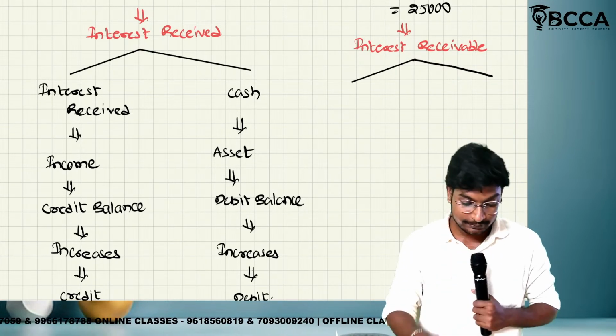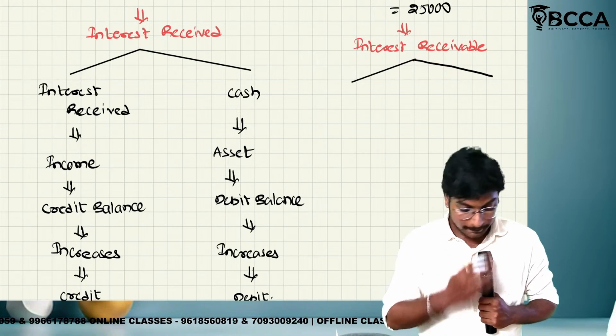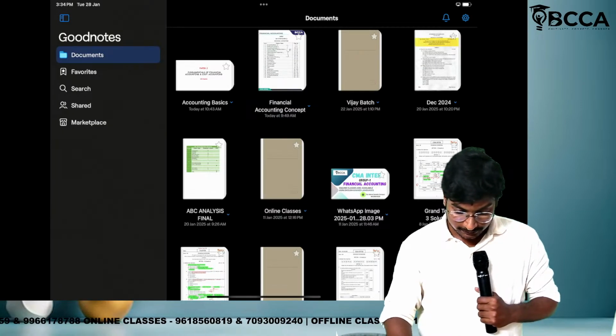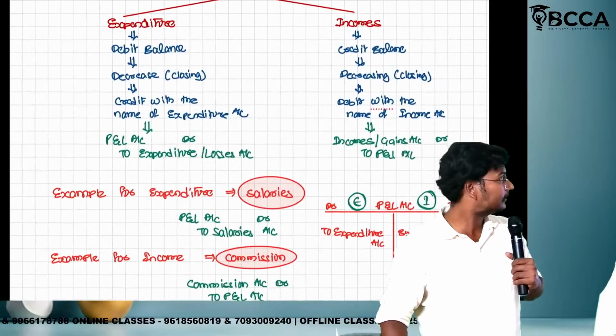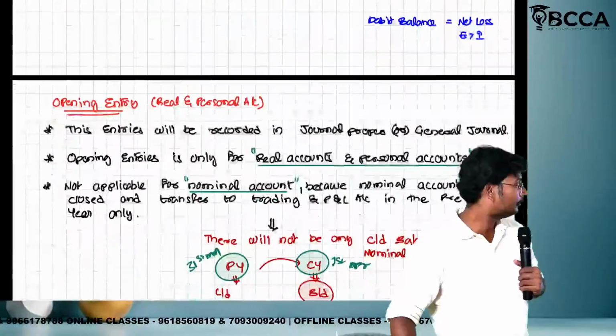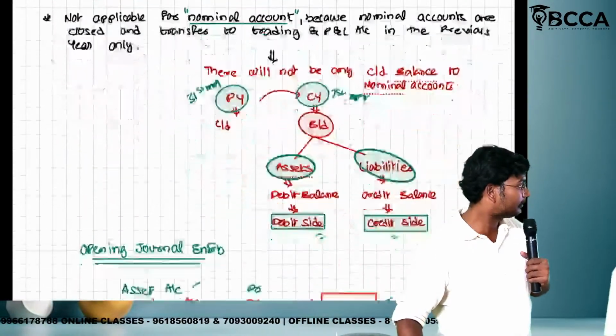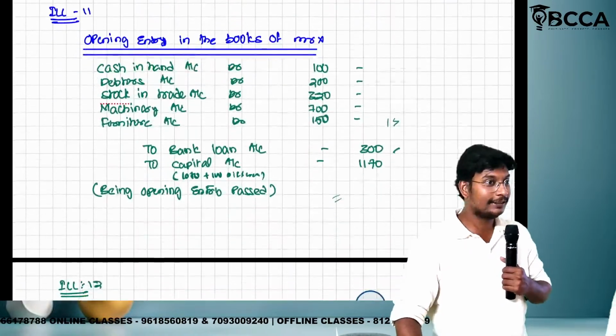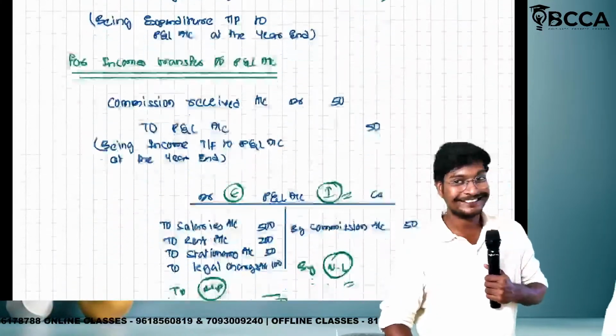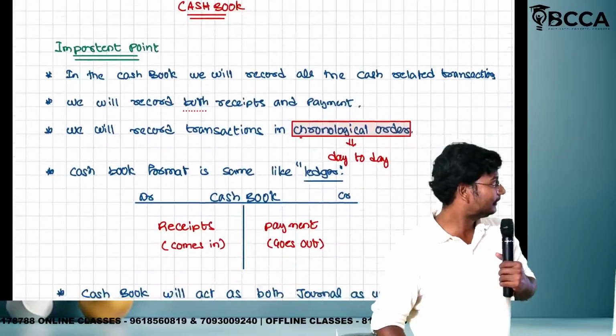I will show you. Vijay batch, right? This is the Vijay batch notes from last time. See how it is. By way of writing, I will teach. I will teach by myself only. This is the writing. Cash book.